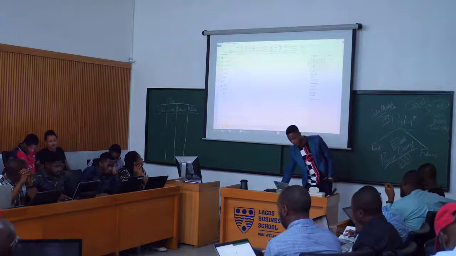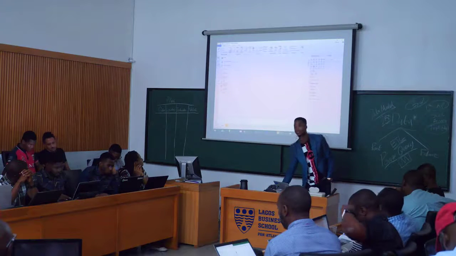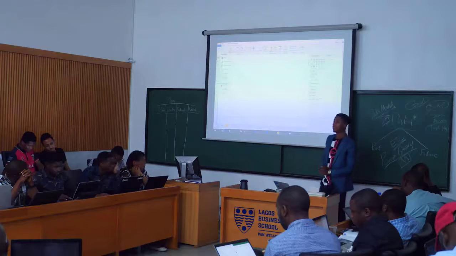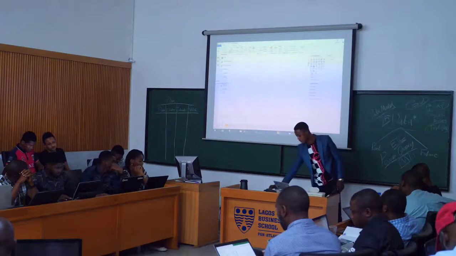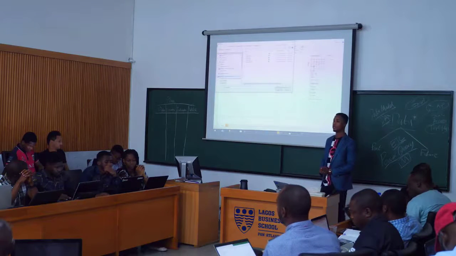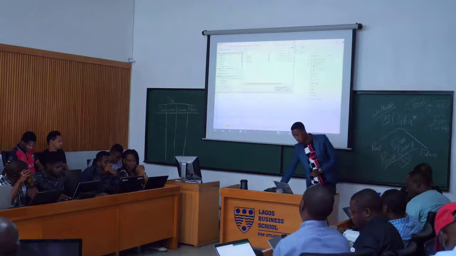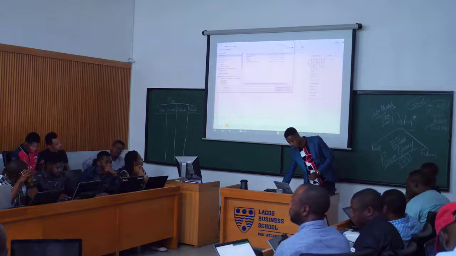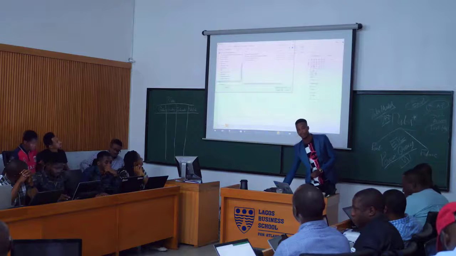Then can we see text or CSV? Can we click on that? Then now navigate to where you have the exercise file. Mine is in desktop, and I can see them now.